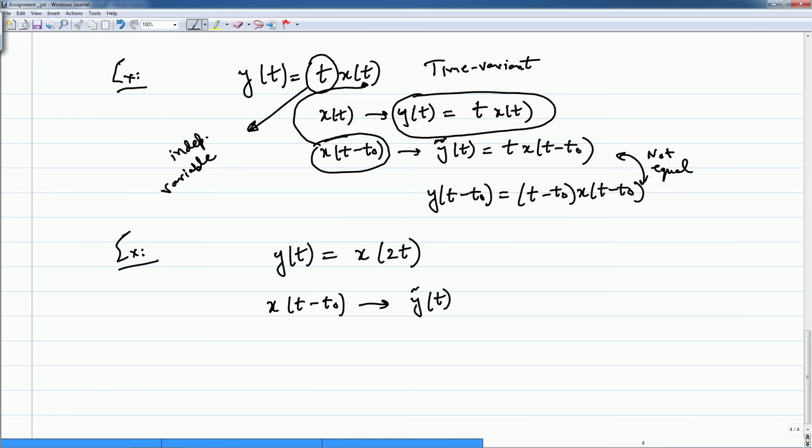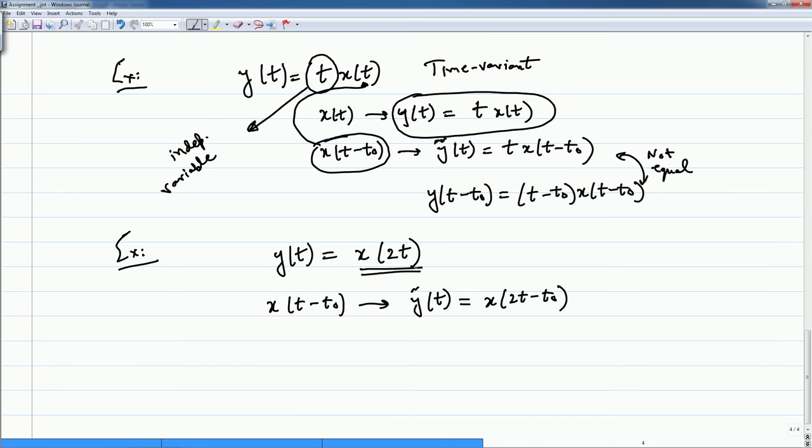So, this is a slightly confusing question. I have x of 2t here and I have x of t minus t naught. What will be the output y tilde of t? Think about it; the correct answer is x of 2t minus t naught. Remember, why is this true? What do I mean by x of 2t?